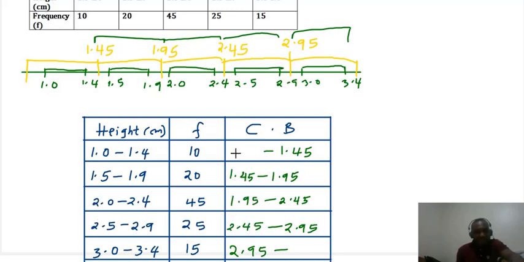I'm looking at the lower class boundaries and then the lower class limits. That's what they did. They subtracted 0.05.